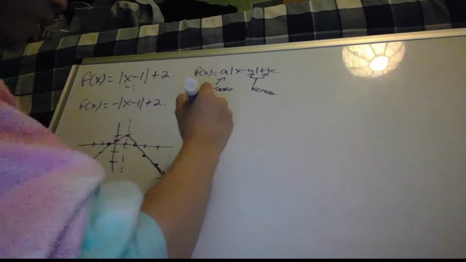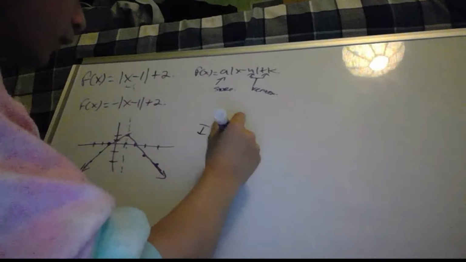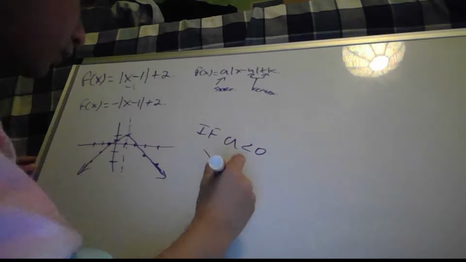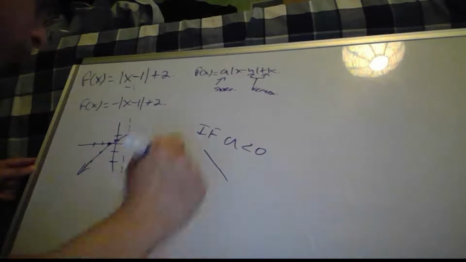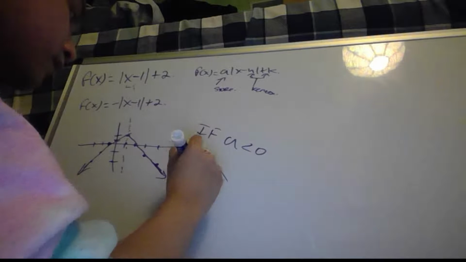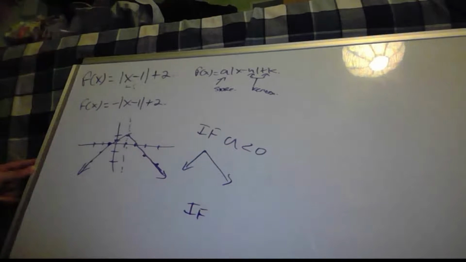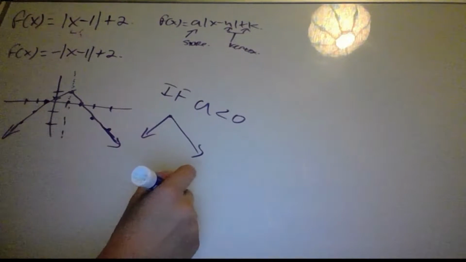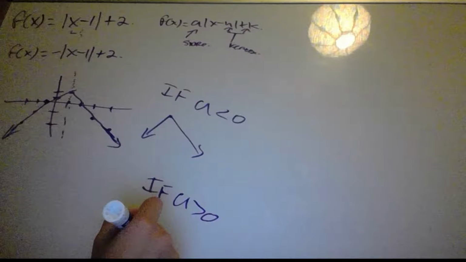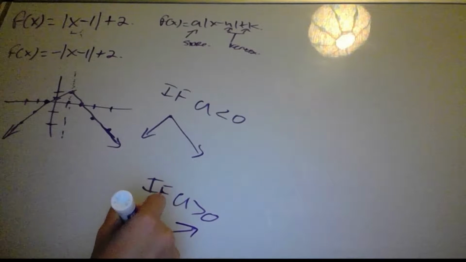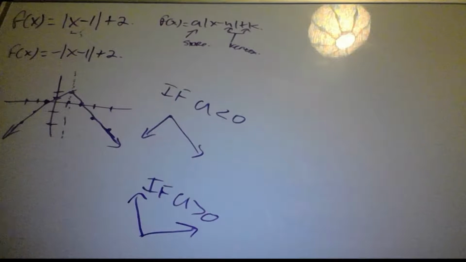So basically, if a is less than 0, you're going to have something like this. If a is greater than 0, you're going to have something like this.